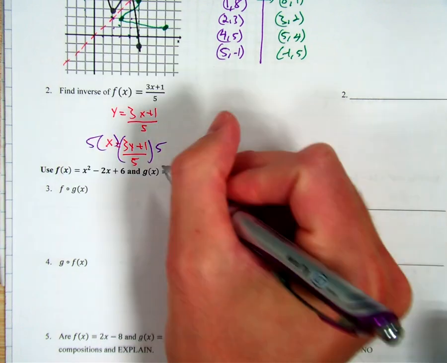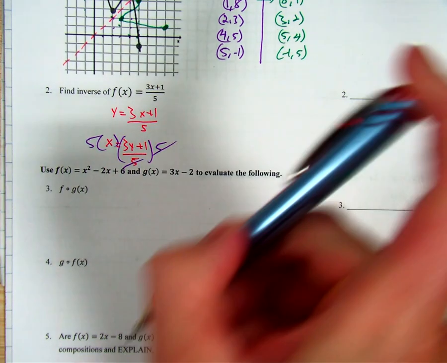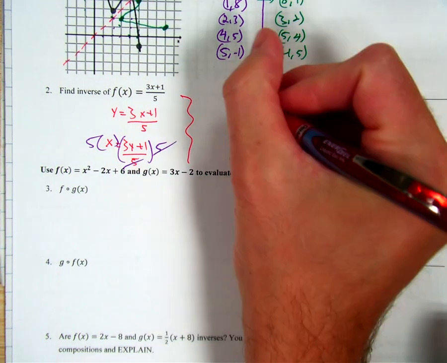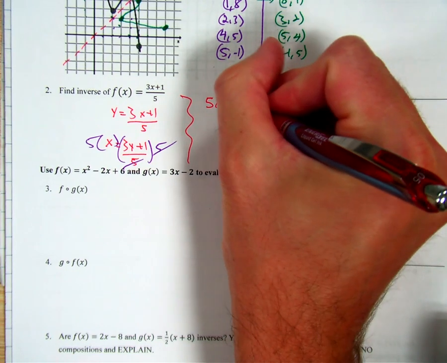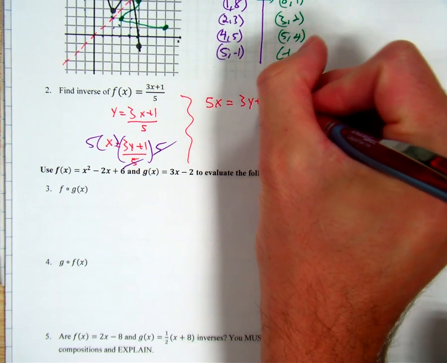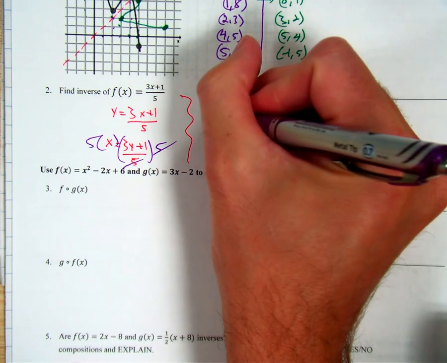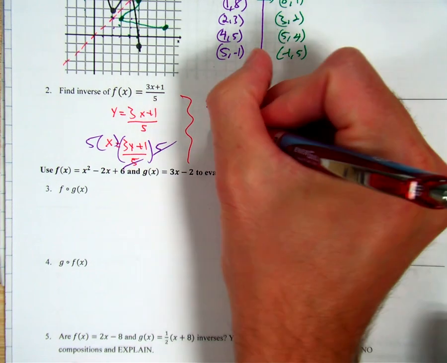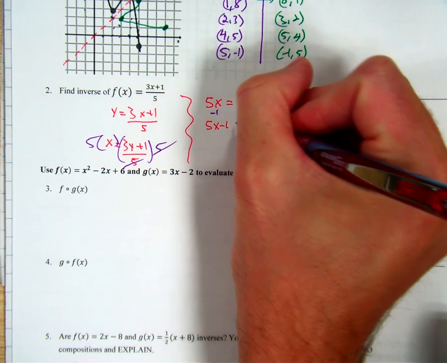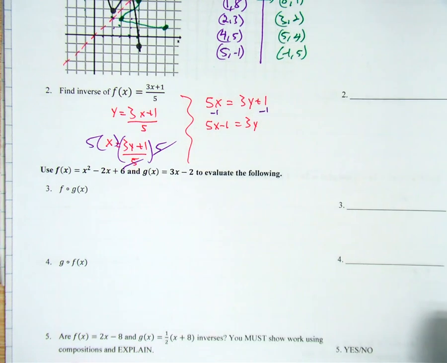Multiply both sides by 5. 5x equals 3y plus 1. Minus 1. 5x minus 1 equals 3y.